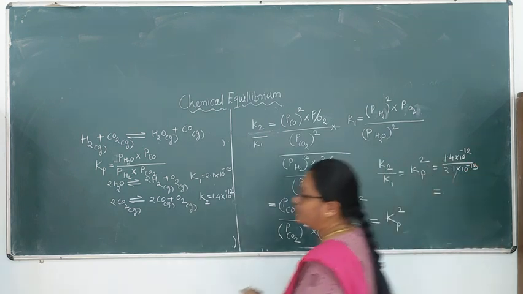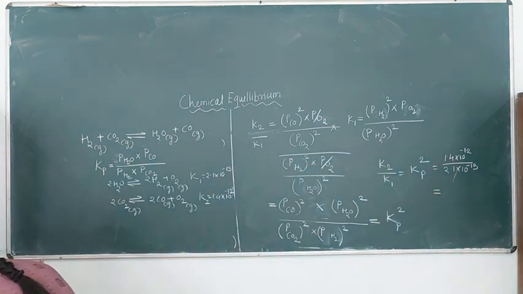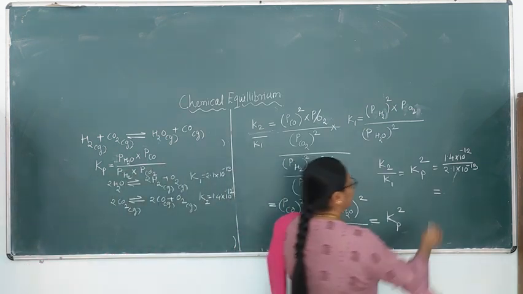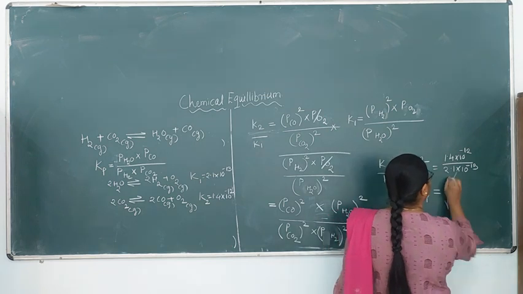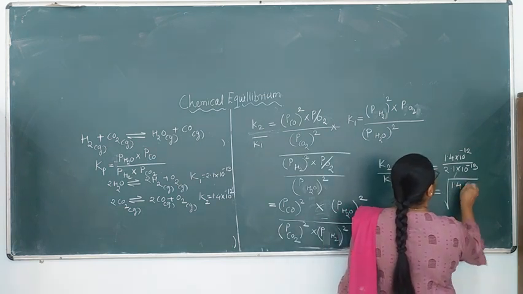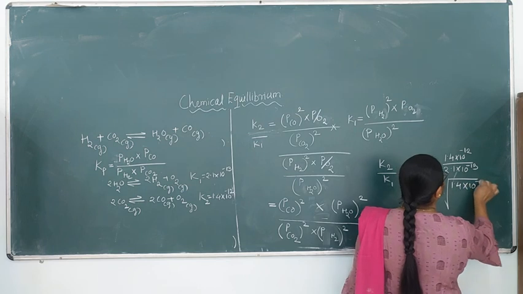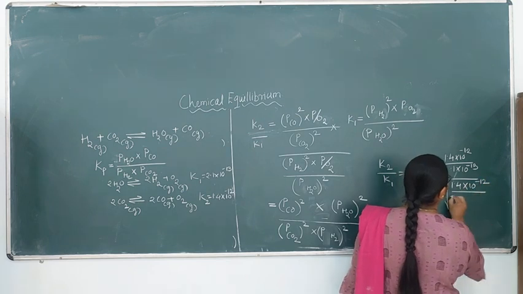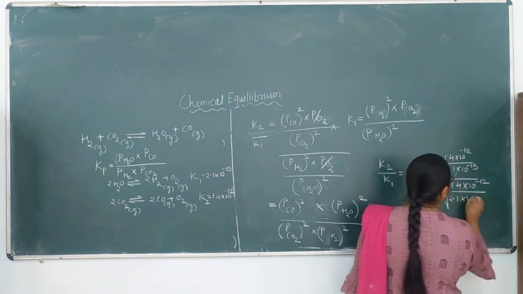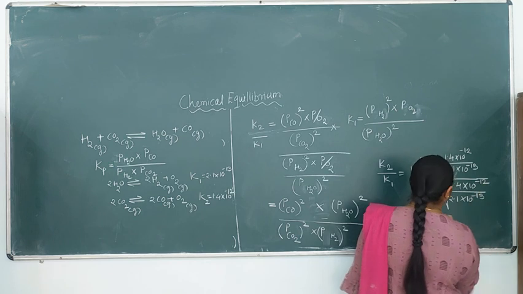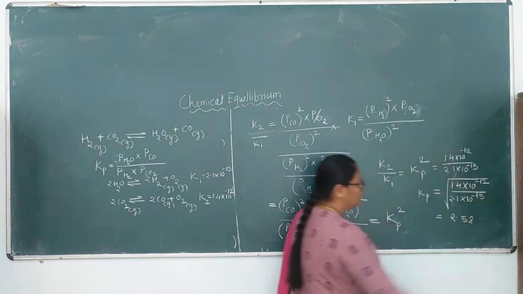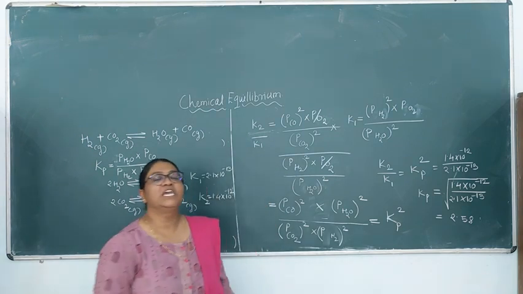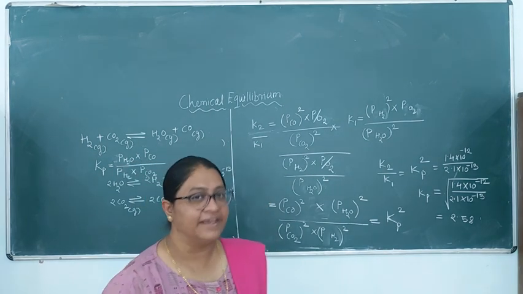This is equal to, and to get Kp we only have to take the square root. So 1.4 into 10 to the power minus 12 divided by 2.1 into 10 to the power minus 13, and this is equal to 2.58. So this is the value of the equilibrium constant here.